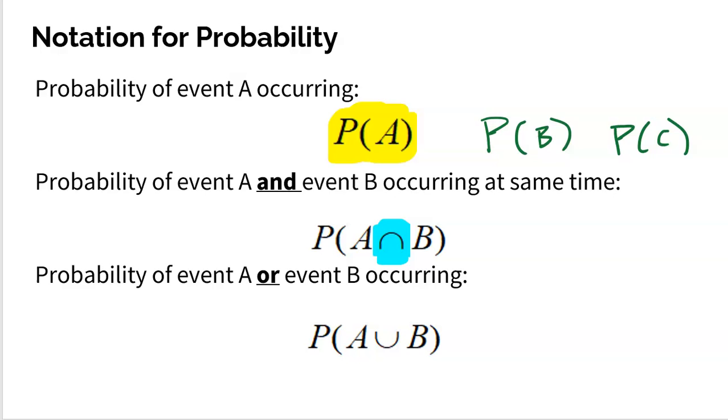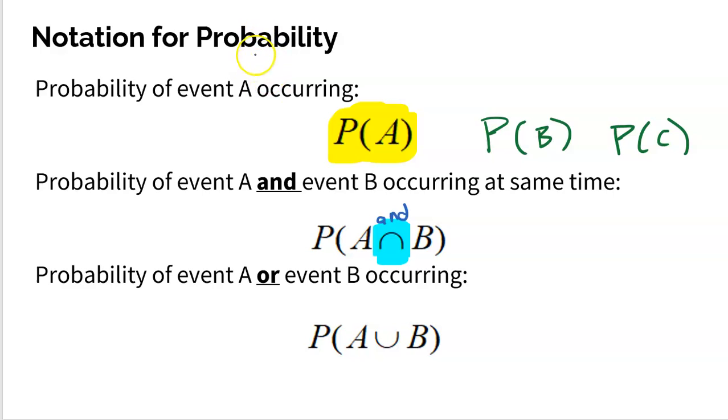You might see that symbol come up a lot in the AP stats course or in any stats course, but that upside down U means and. I prefer to just write and, but I want to make sure you understand what that means. So if the probability of A and B is 0, that means that they cannot occur at the same time. That means A and B together is impossible.